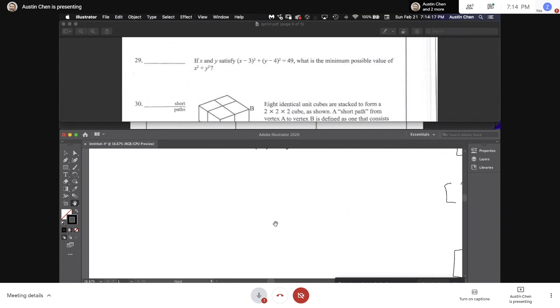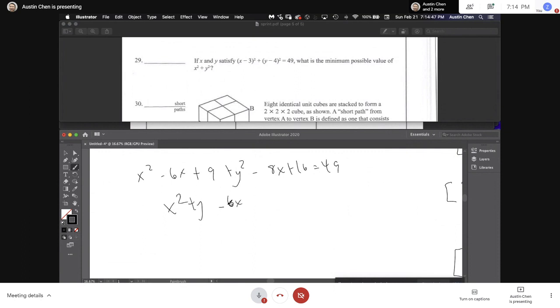So you could try thinking of this algebraically. You could try expanding this expression and seeing if you can find anything special. If we expand it, we have x^2 - 6x + 9 + y^2 - 8y + 16 = 49. Then maybe try to isolate the x^2 + y^2 and combine the constants.